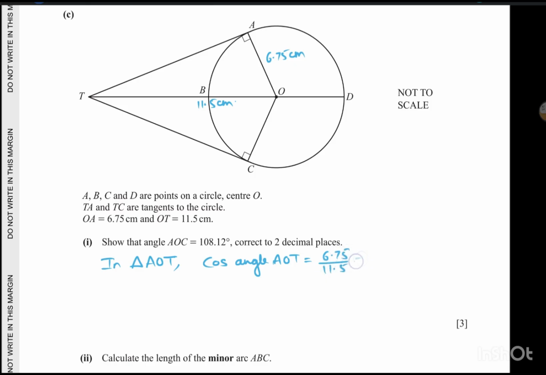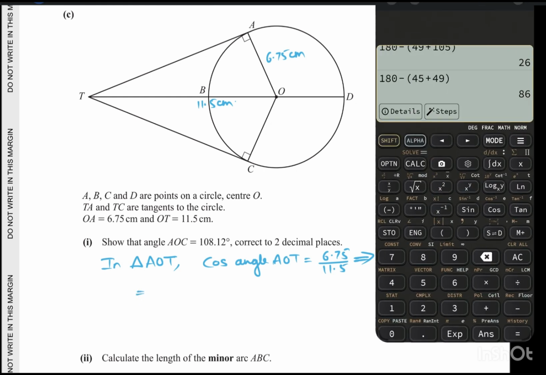So angle AOT is equal to cos inverse of 6.75 by 11.5.